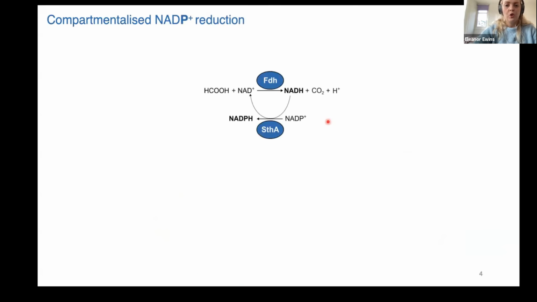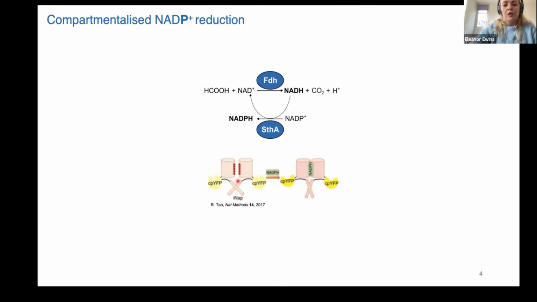Then we went on to look at the next coupled reaction. So this depends upon the formation of NADH, and then a soluble transhydrogenase re-oxidizes the NADH back to NAD, while at the same time reducing NADP plus to NADPH.